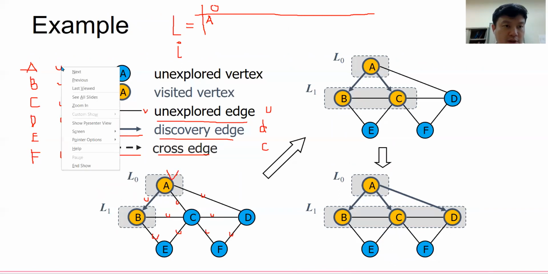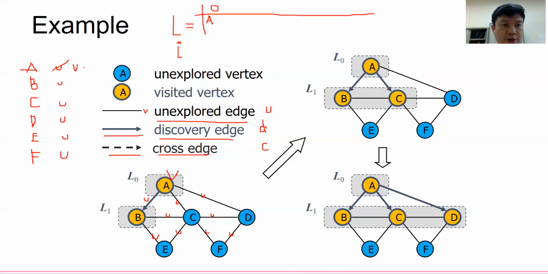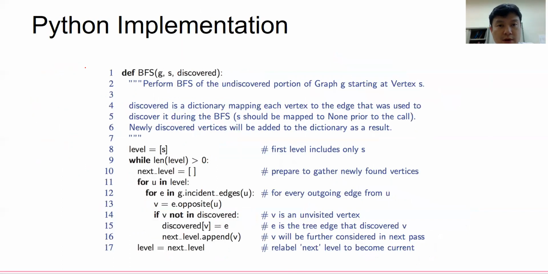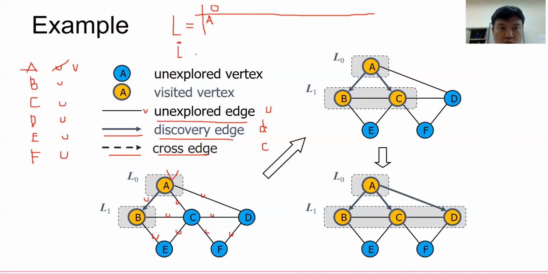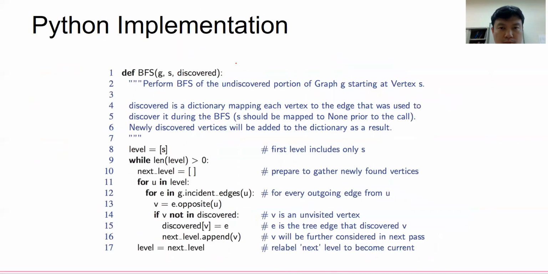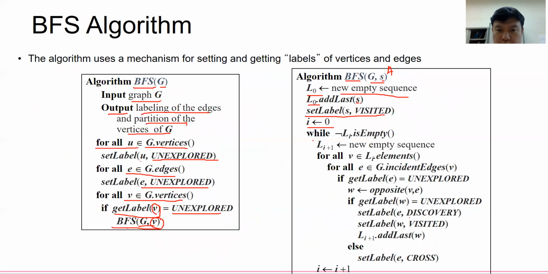So I change this one. It's not U, not unexplored, but it becomes V, visited. And then after I check to V for this one, I have I, which is 0. So I now equals to 0. You will check the L. What is L?